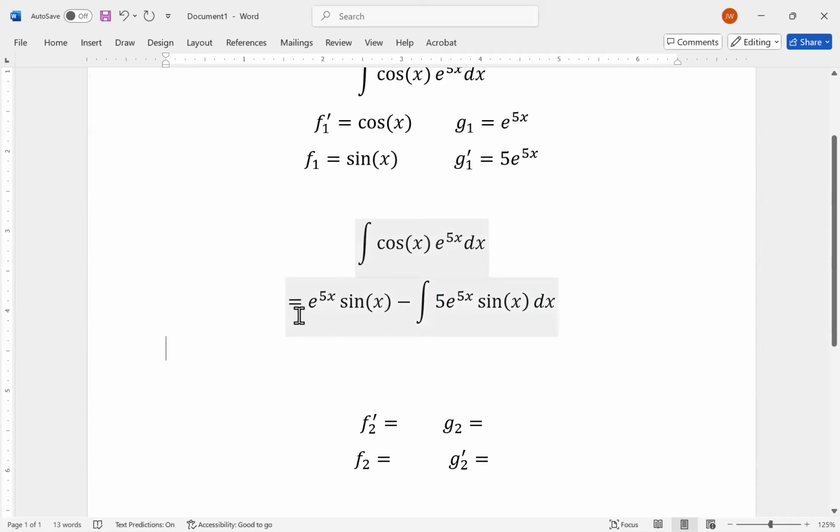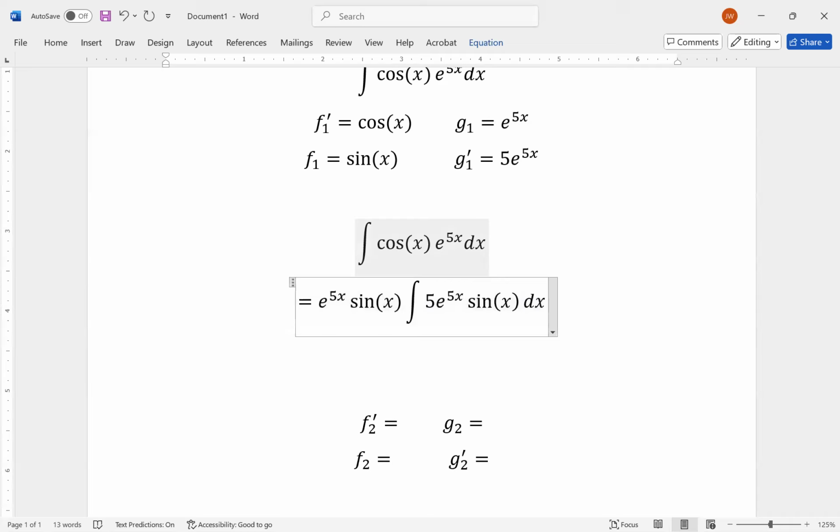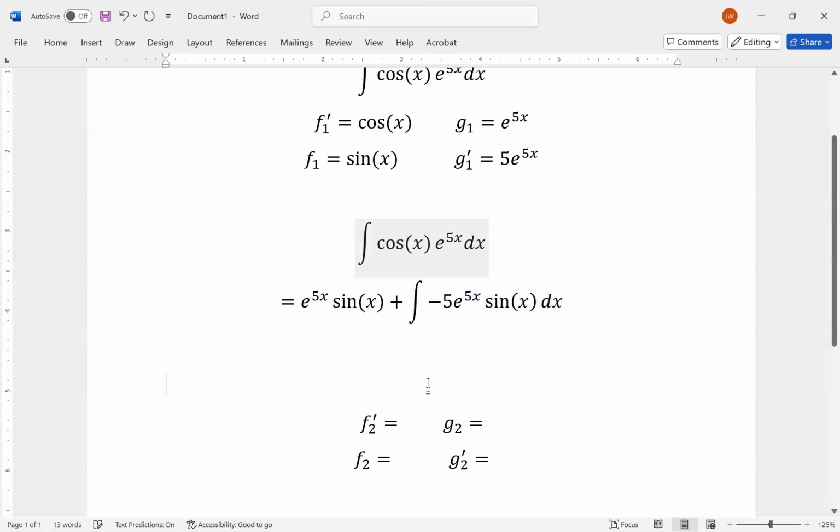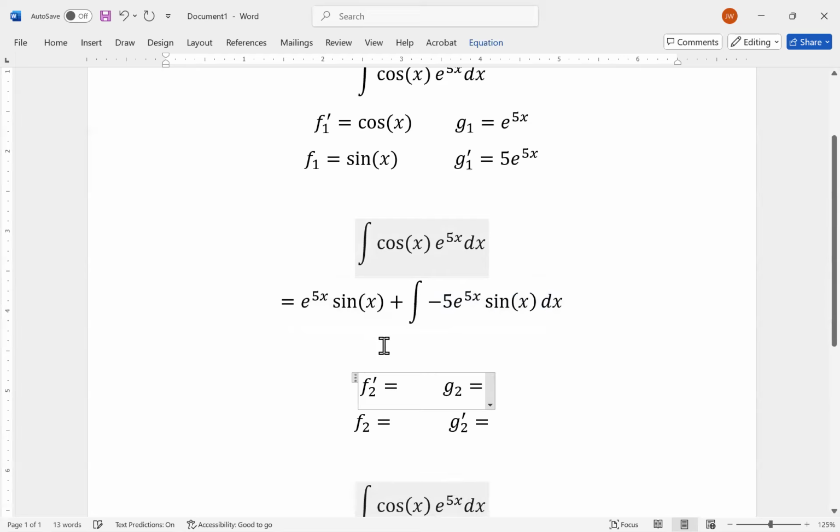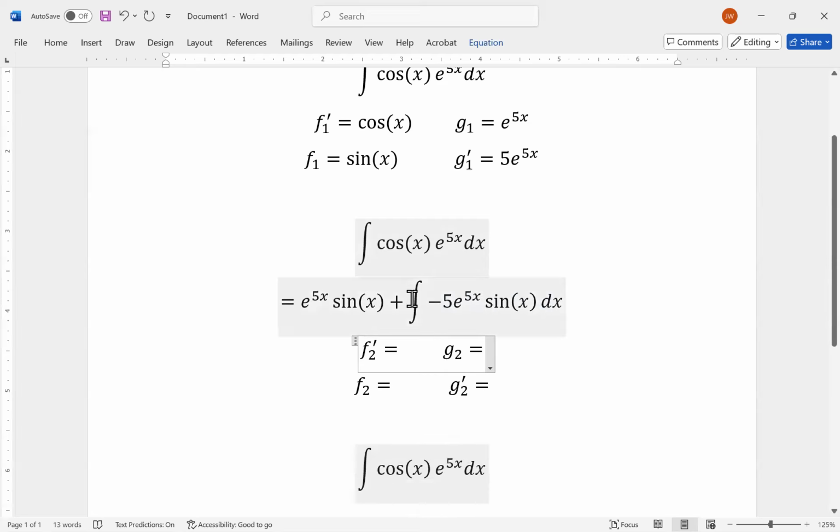Now the first piece is just fine, but for the second piece, I'm going to distribute a negative sign. And then I need to do a second integration by parts on this component, this negative 5 e to the 5x sine x.